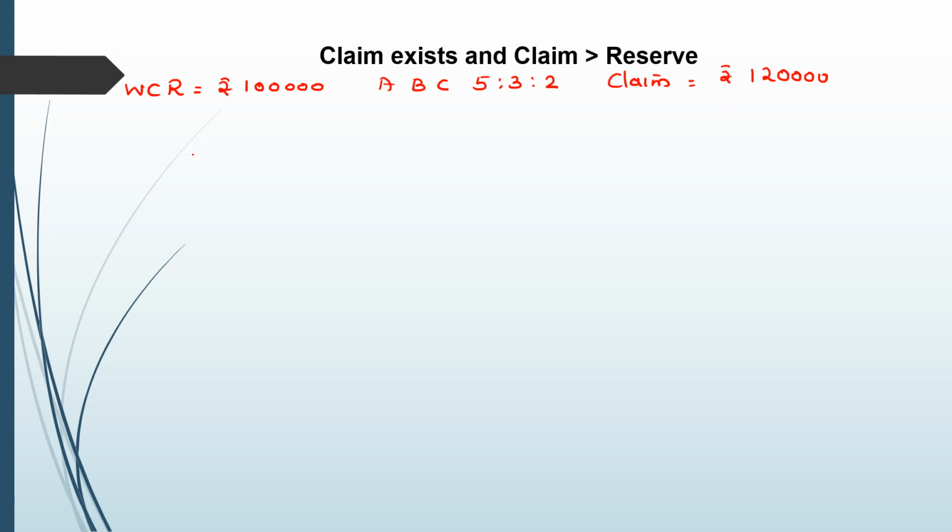So, as usual, first entry, there will be two entries. First entry would be where you would debit the Workmen Compensation Reserve account, to close out that reserve account, 1 lakh. But as you know, you have to create a credit to the claim of 1 lakh 20.